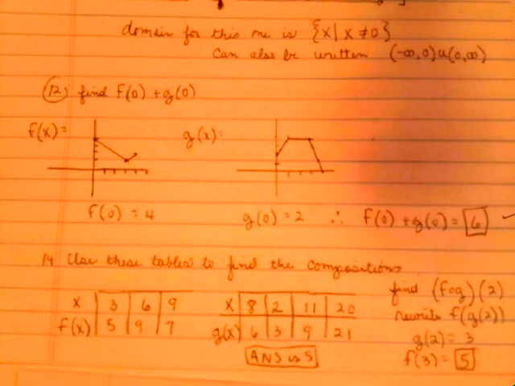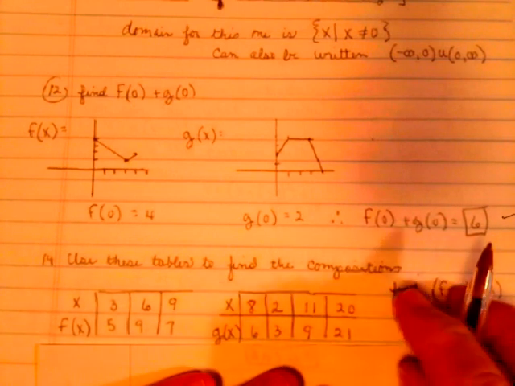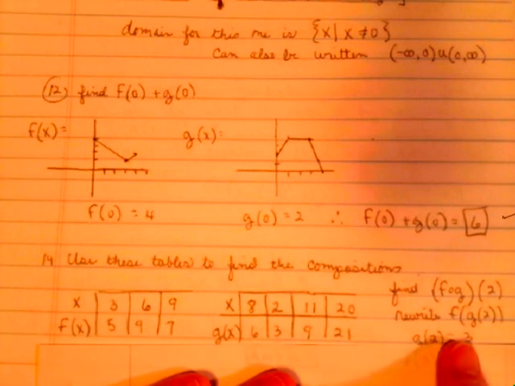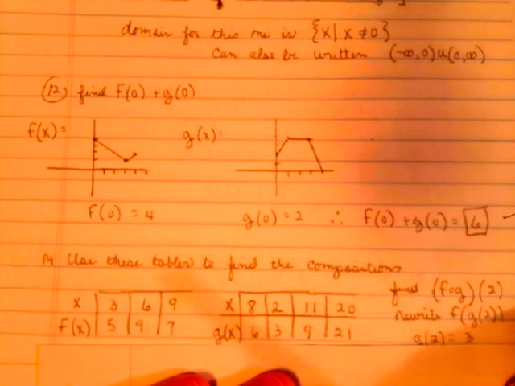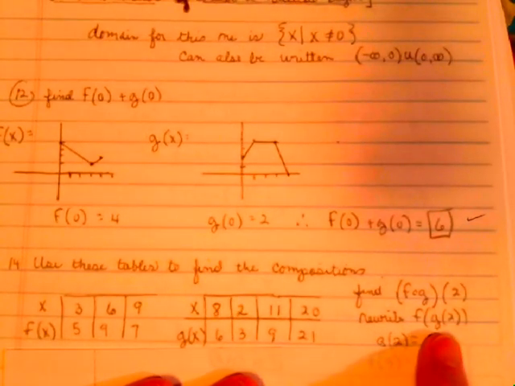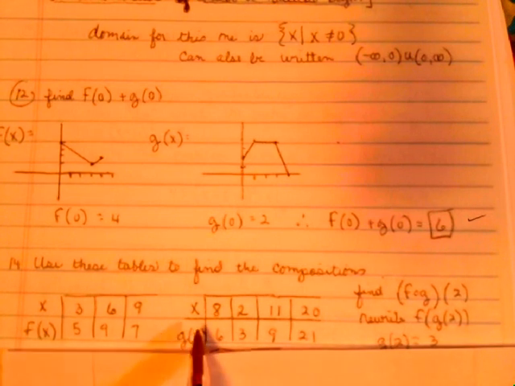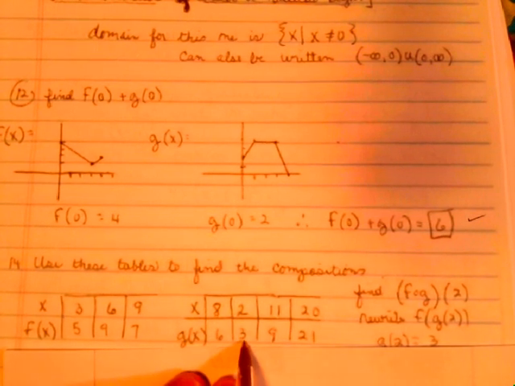You have a table where you have to do a similar operation. Use the table to find the composition. They want me to find f of g of 2. Always start with the innermost function. Go to your g table. When x is 2, g of x is 3.